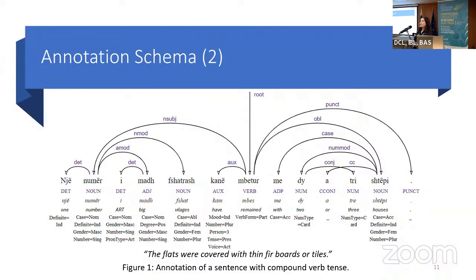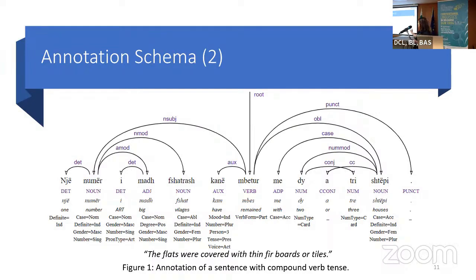For example, the future, a compound verb tense in Albanian that is formed by an AUX verb, so the verb to be, that in Albanian is jam and kam, depending on whether you have an active voice or a non-active voice, and it's formed with the verb form part, with the particle.